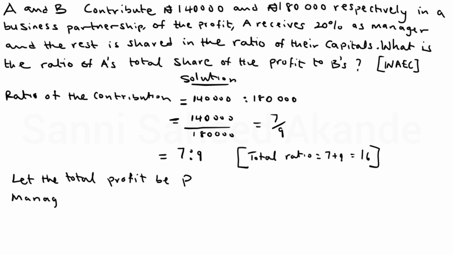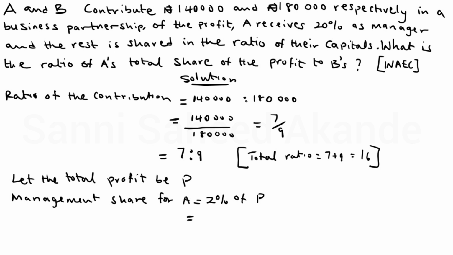So we can now go ahead and say the management share for A will be equal to the percentage of the managerial share, which is 20% of the profits, and our profit is P. Let's solve this further.